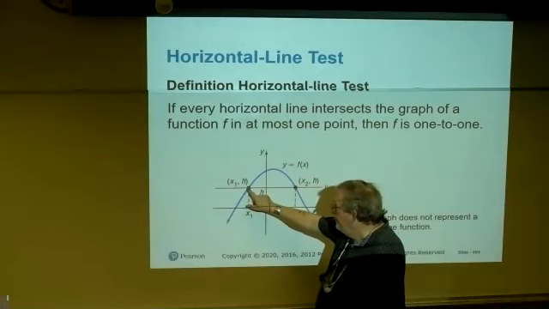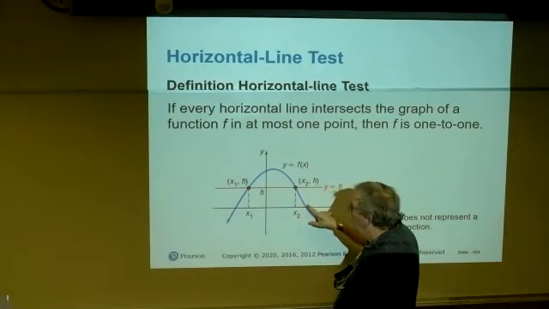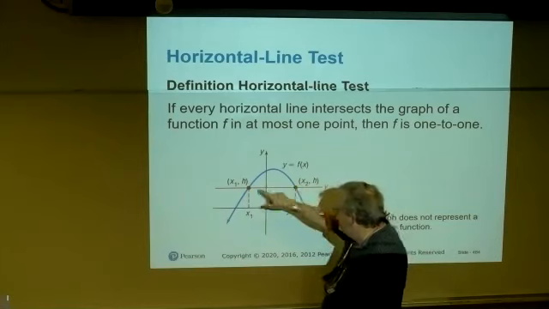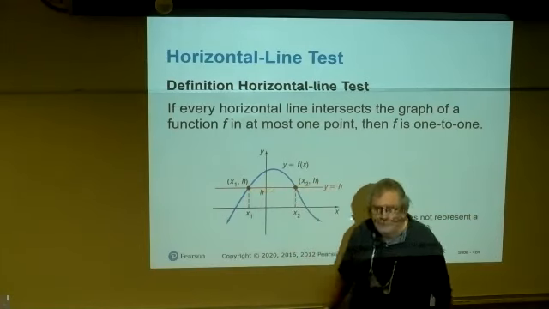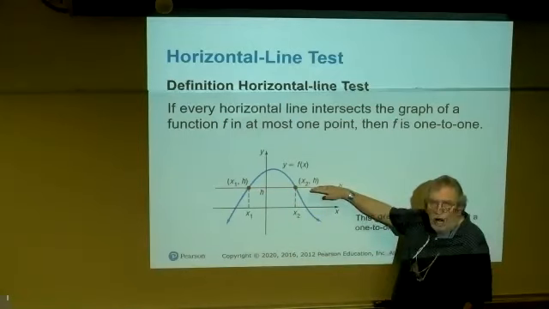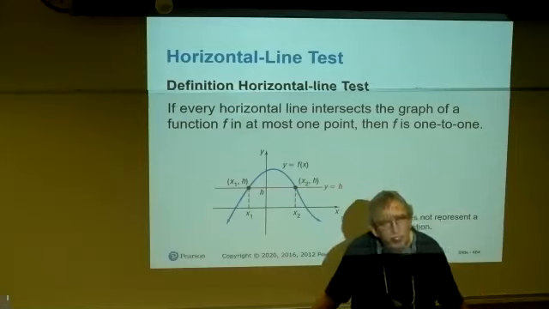In this case, this function is not one-to-one because I have two different x values that go to the same y value. And that y value forms a horizontal line. If the horizontal line hits it more than once, it's not one-to-one.